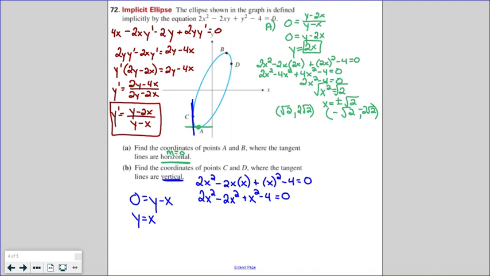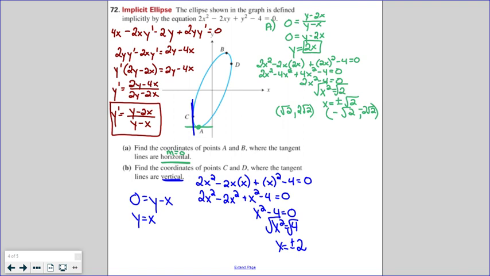Okay, well 2x squared minus 2x squared is gone, and I'm down to x squared minus 4 equals 0, or x squared equals 4.